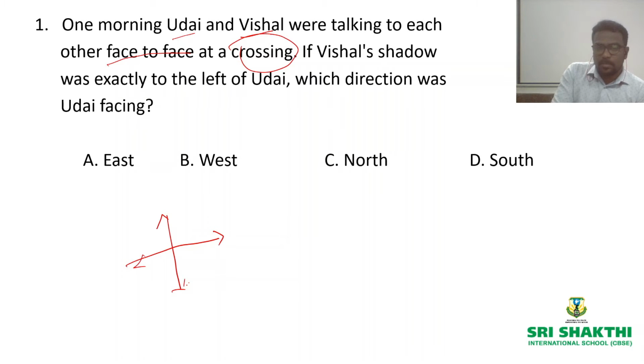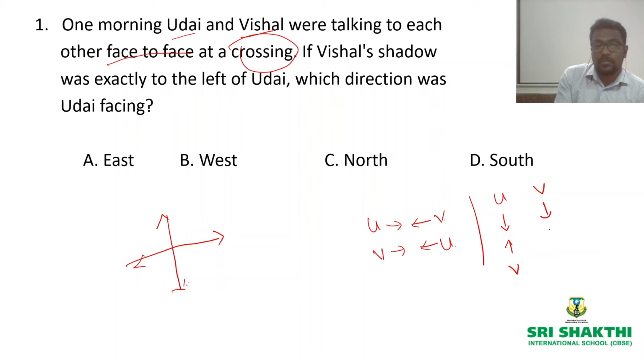So where can we place these two persons in this crossing? We have four different options: either Uday and Vishal can face in this way, or Vishal and Uday can face in this pattern, or the other two patterns, Uday and Vishal in this way, or Vishal and Uday in this way.